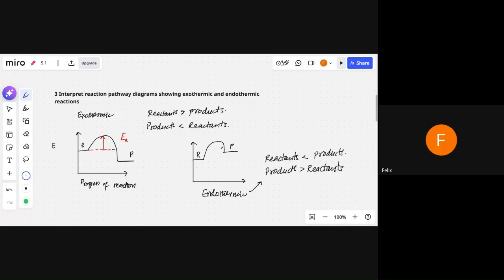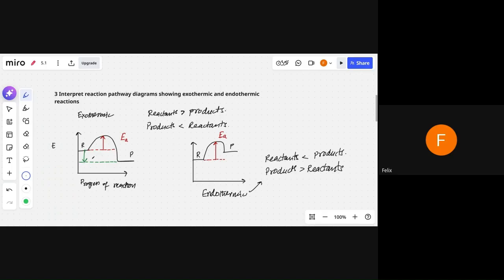And here, what will be the activation energy? Remember that activation energy always starts from the reactants, and it goes all the way to the highest point on the curve. So this is the activation energy, right? And the difference between the reactants and products is called delta H, the enthalpy change.